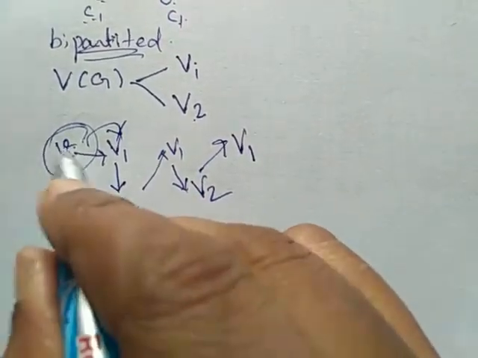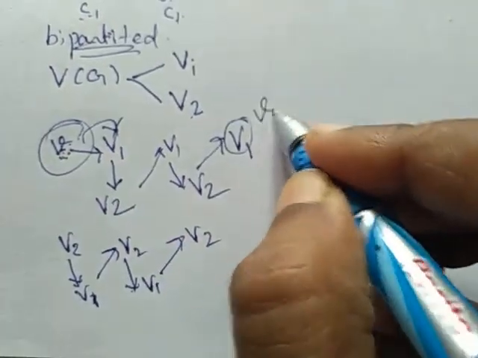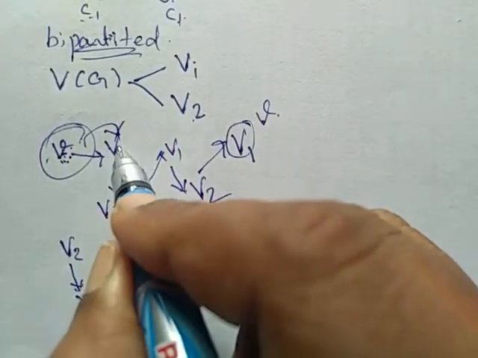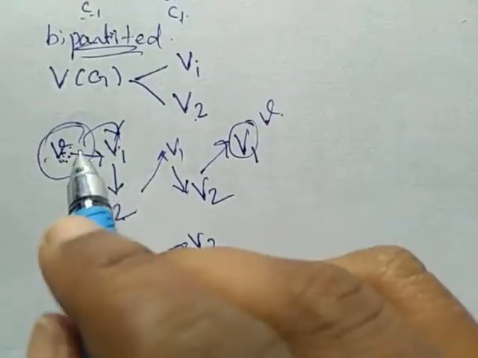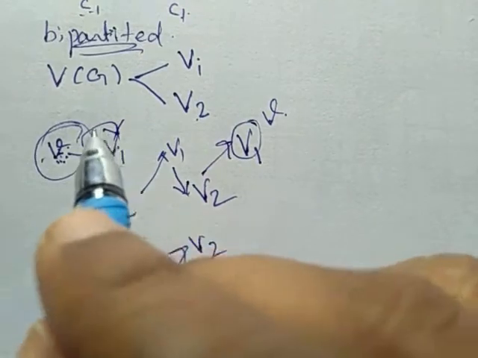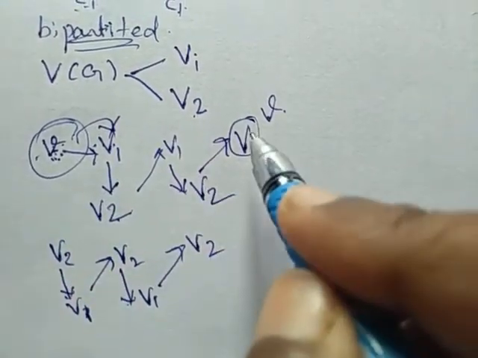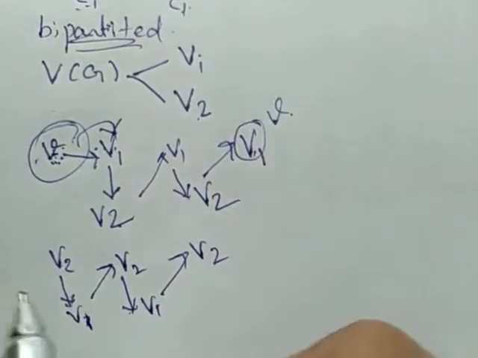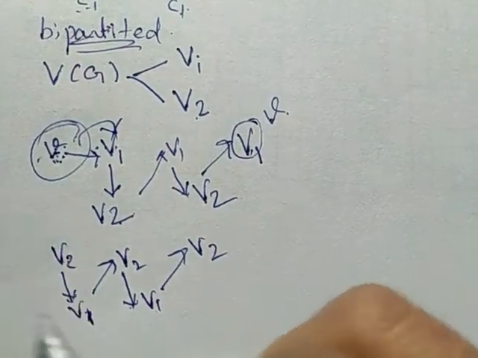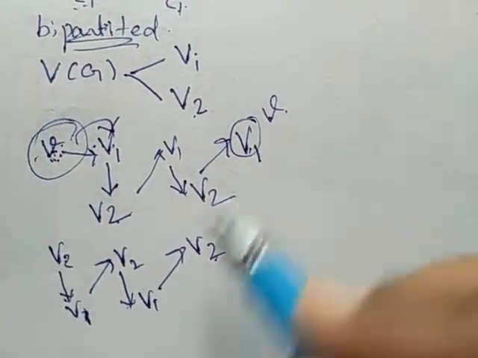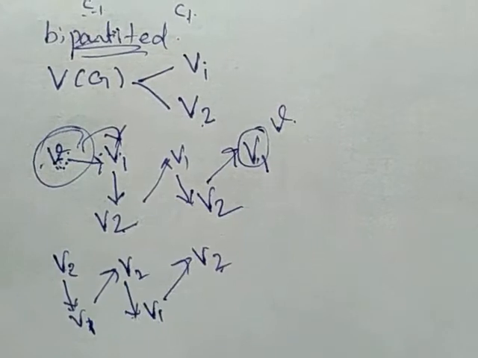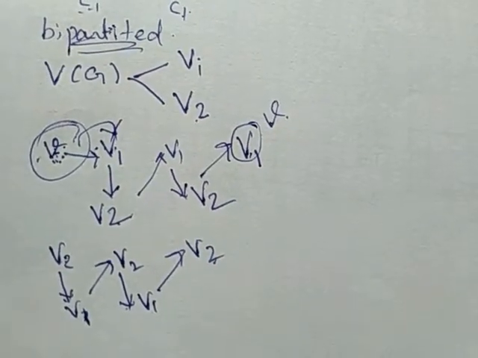If it starts from V, it should end with V. If V belongs to V1, it will not belong to V2. In both the cases, the number of edges is even, right?